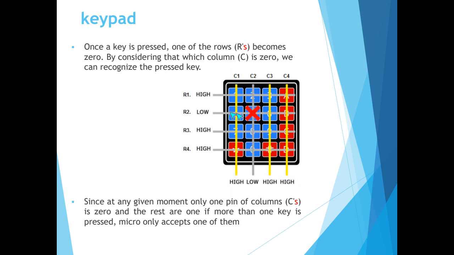If this key is connected, then row 2, or the value, for example, I think it is 4. Yes, 1, 2, 3, 4. The 4 key is pressed. If this key is pressed, then R3 is connected to C1 and it has a low value.